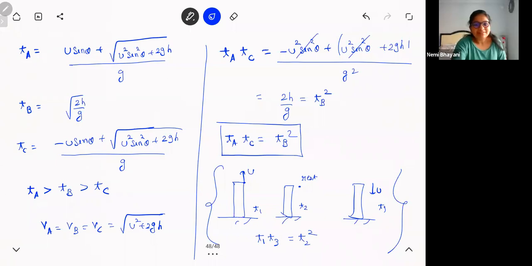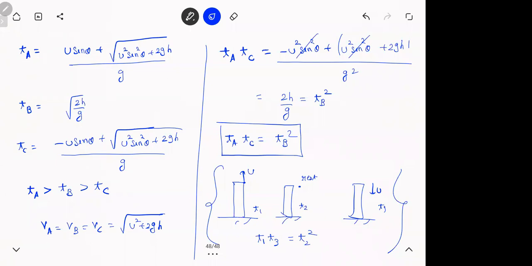Sir, can you explain why for time A and time C you took out the product? Just like that question: find time A, time B, time C, and find the relation between them.